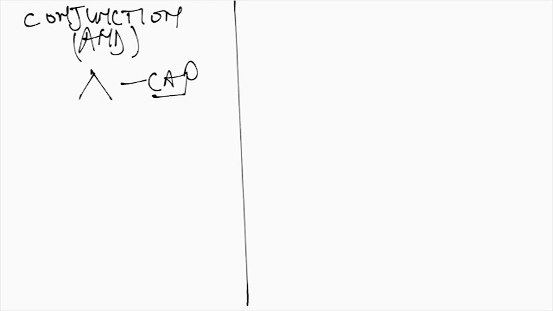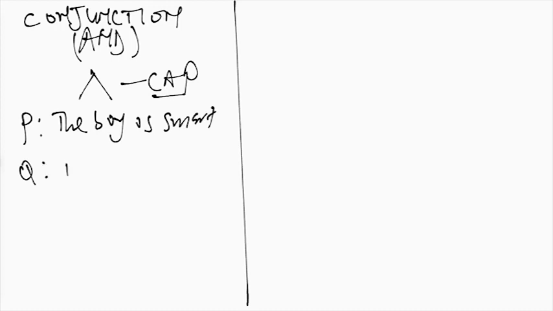For instance, in the last tutorial we talked about two simple statements, such that, let's say P is the boy is smart, and Q is the boy is fat. These two are simple statements.